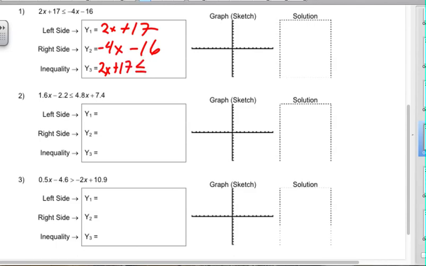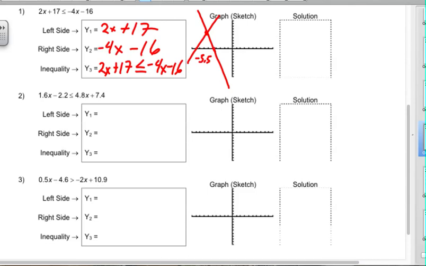Remember, test and math and phi, it will get you these things, minus 4x minus 16. So when I graph this thing, one of them comes through like this. Here's my intersection, which is at negative 5.5.